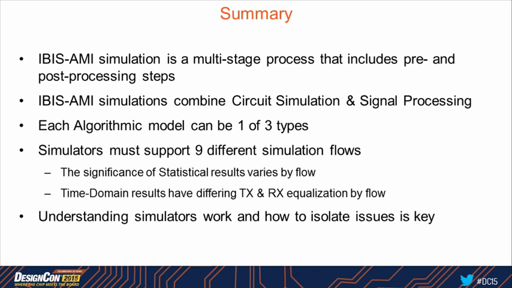Statistical results vary by flow. Time domain results are always valid, but the type of equalization included differs by flow. And really understanding how the simulator works and how to isolate issues when you have problems is key to using these tools successfully.